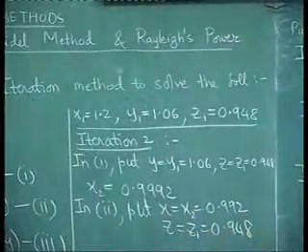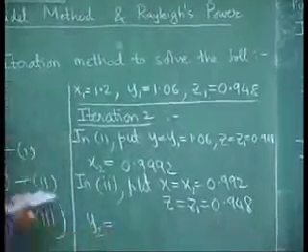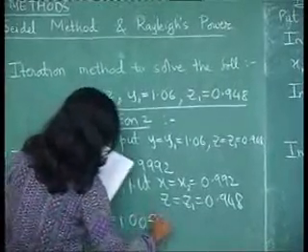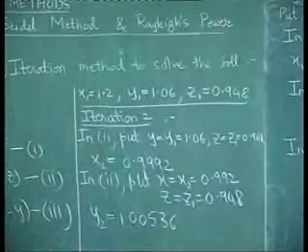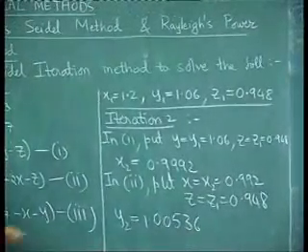So if we substitute this in equation 2, we get y2 to be 1.00536. Now let's go to the last equation, equation 3.